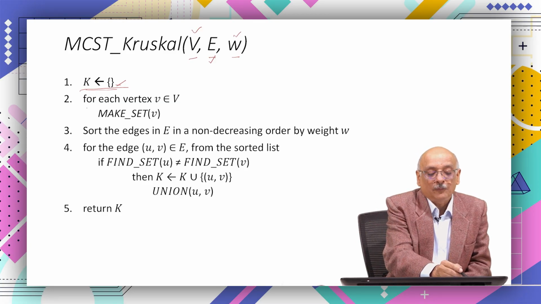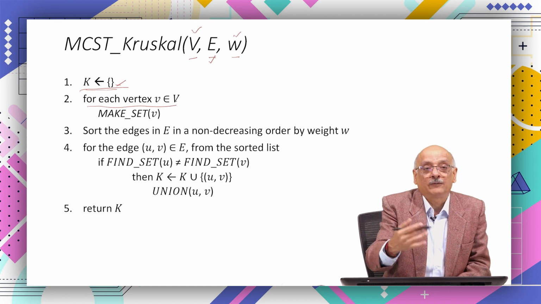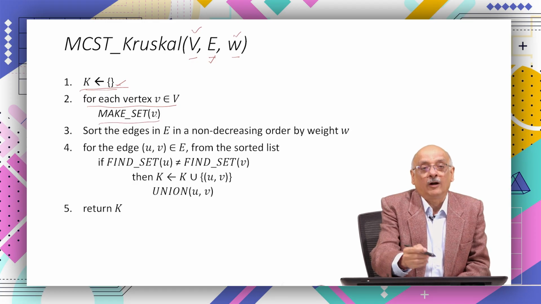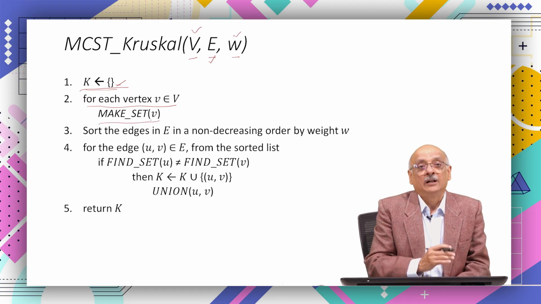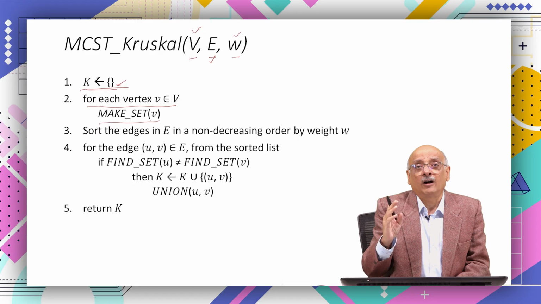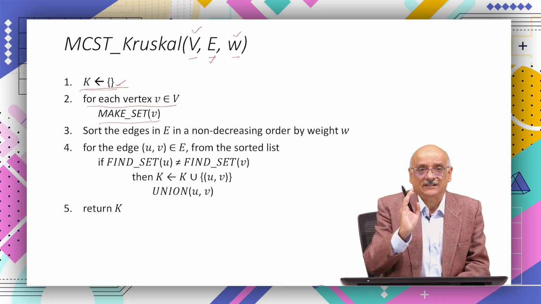Okay. Now, what we will do is, for each vertex V which is part of the set of vertices, make set of that particular vertex. That means every vertex will be assumed to be in a set of its own. So, suppose there are n vertices, we will be creating n sets.